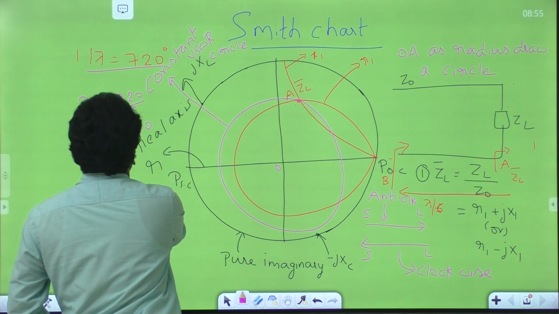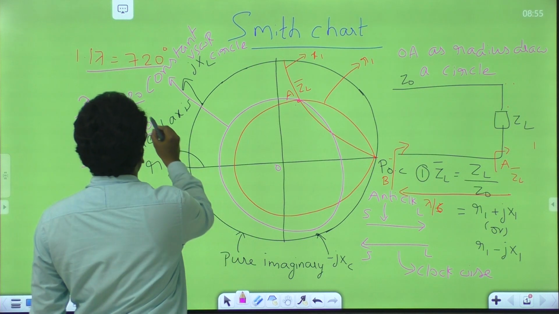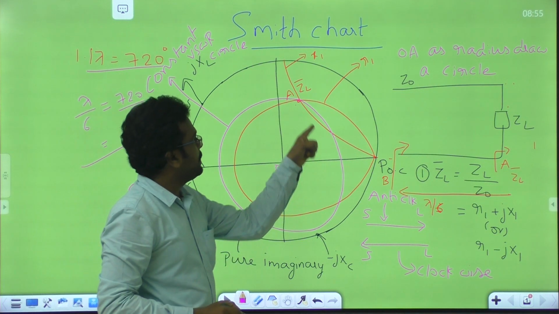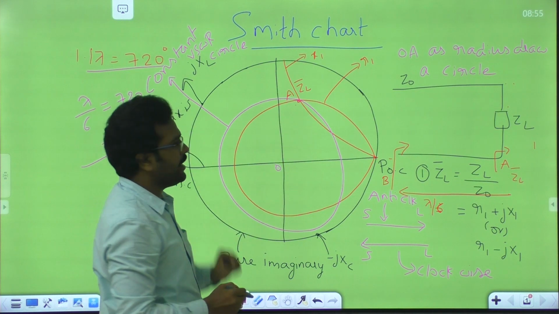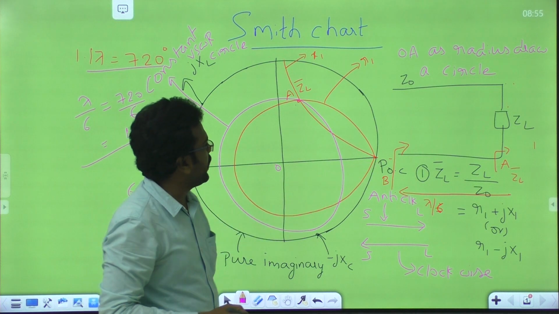It is 120. So from the load point we should travel a distance of 120 degrees to reach the B point.